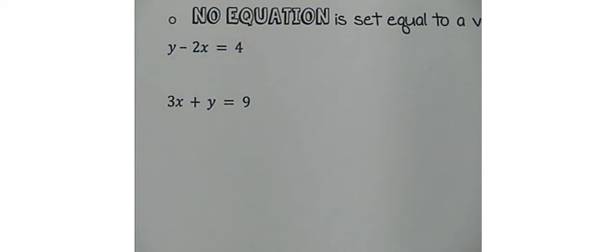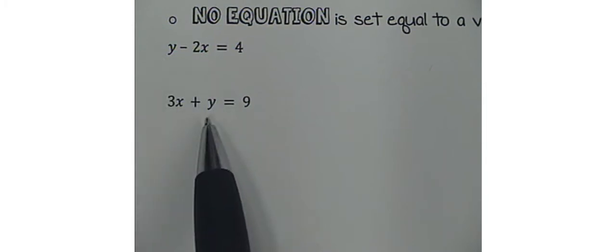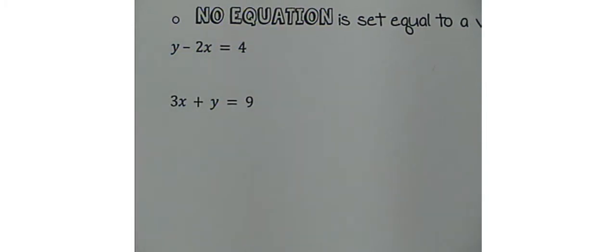I don't want to choose to solve for x here because I might get fractions and that's going to be difficult to work with. So I want to solve for y, and I can choose either the first equation or the second equation because y doesn't have a coefficient, either of them, and y is positive. So I'm just going to choose the first one.